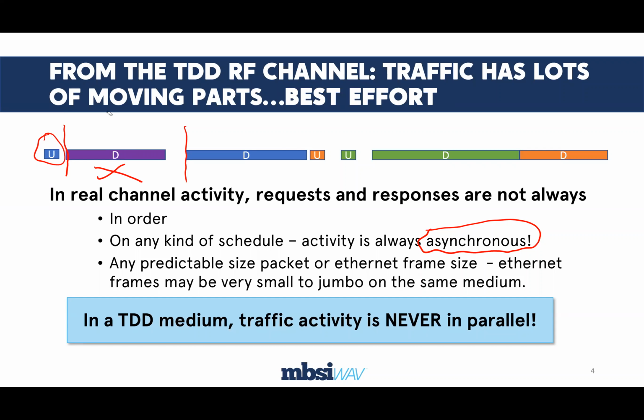In this particular case, we have a request here, we have a response over here, and this time in between the request and the response has been filled in with another conversation. So some other subscriber unit has talked during that interval. This goes on in the network all the time. The larger the interframe spacing, the more conversations that we can have at one time.